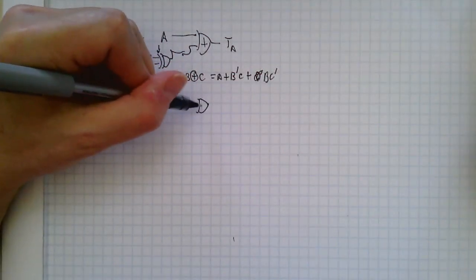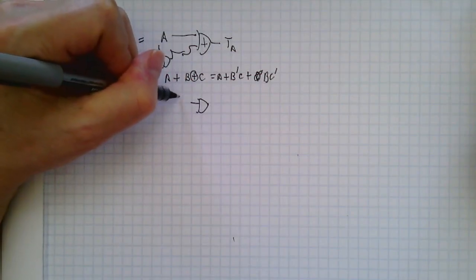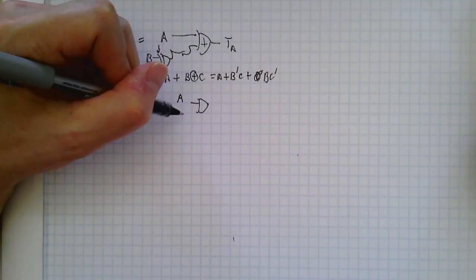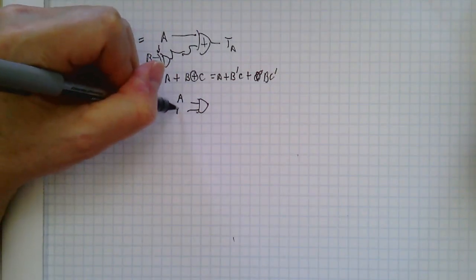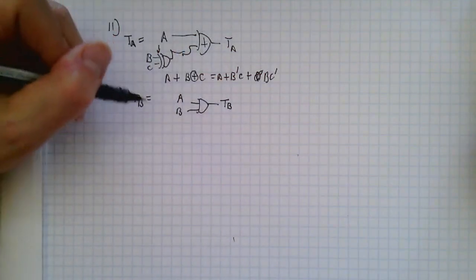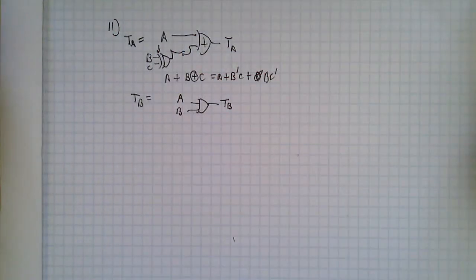So A goes in, right? And then it looks like B goes in, right? That's T sub B. So what does T sub B equal? That's just A or B. That's it.